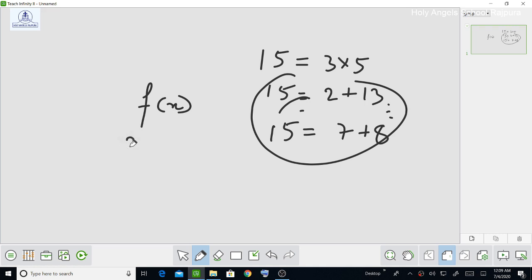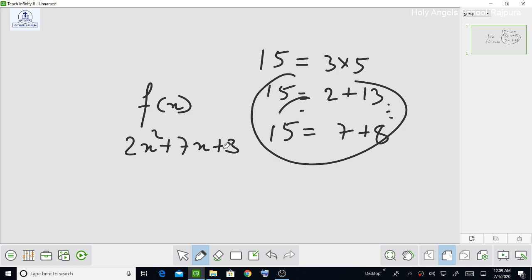Now, 2x square plus 7x plus 3 is a polynomial. It is a quadratic polynomial: one variable x and the highest power of x is 2.